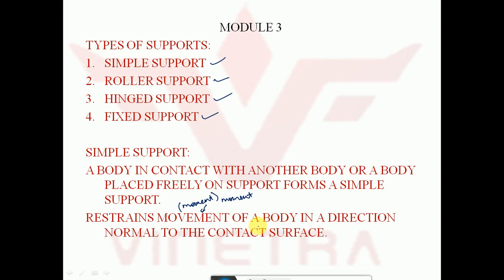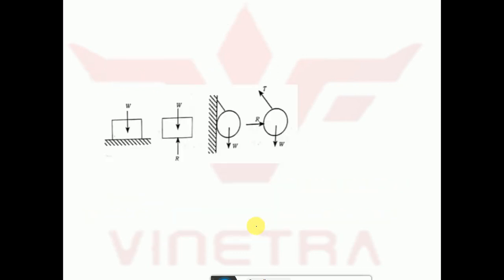Now let us look at some pictures. This is a body placed over a simple support; it may be a table or the ground or whatever. The body is just placed on this support.